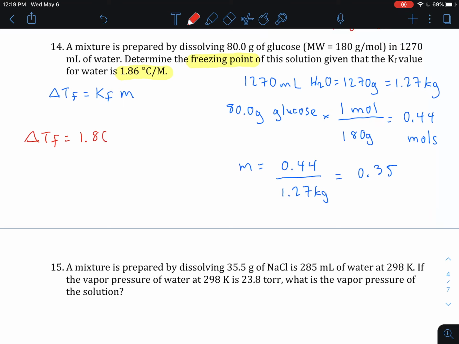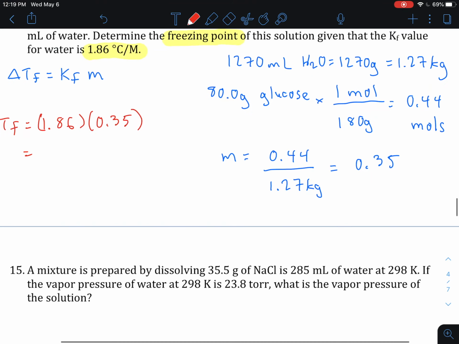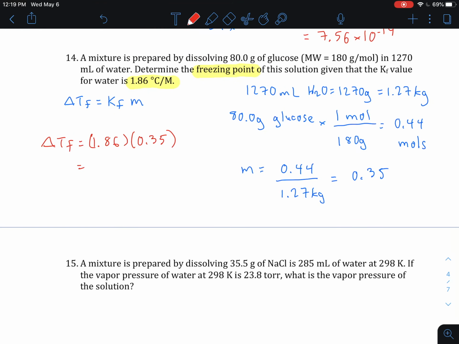And now we can plug that in. So now we'll say delta TF equals 1.86 times 0.35, and that gives me 0.65.